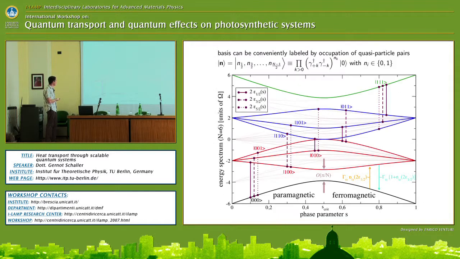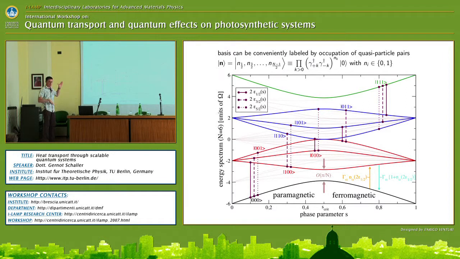And if you plot that, this is the full spectrum. So the dotted lines are the full spectrum of the Ising model for n equals 6. And now the subspace we are looking at is only the one where you have only quasi-particle pairs of opposite momenta, so it has half the dimension, right? So the full dimension is 64, and here you have only 8, and you can calculate all of these things analytically.